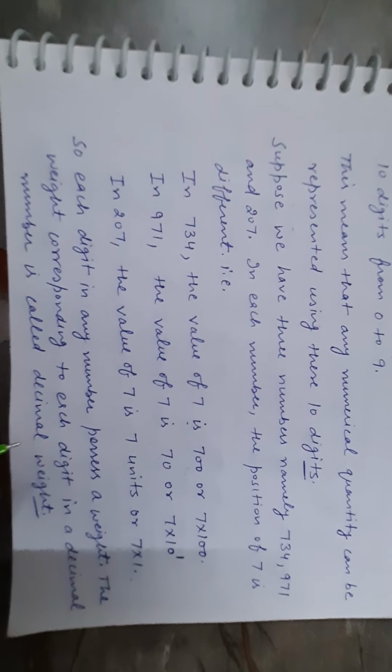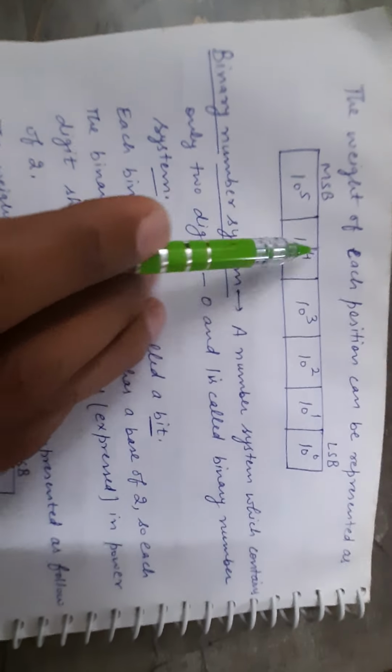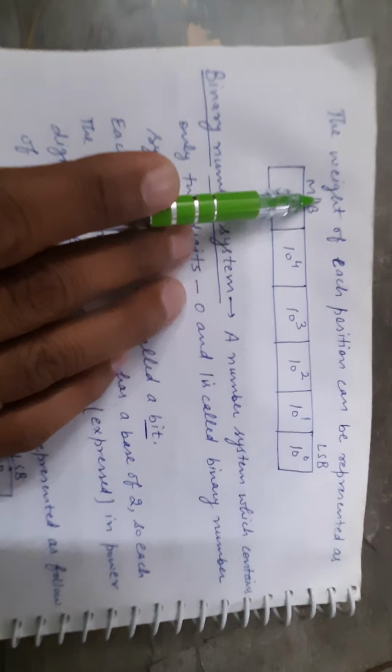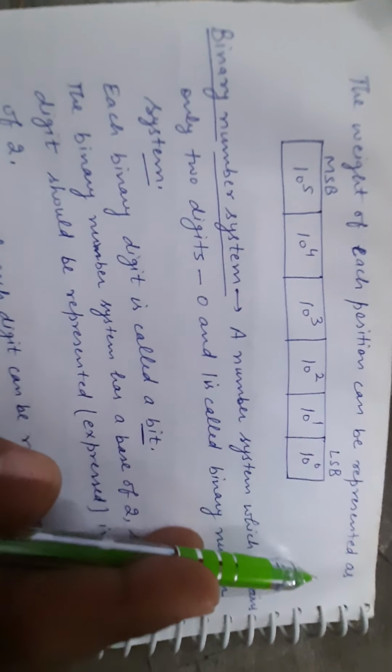In every number system, each digit will contain its own weight, be it binary weight, decimal weight, or any other weight. So depending on the number system, we will have different weights corresponding to each digit, which I will explain one by one. If we talk about the decimal number system, the weight of each position can be represented as follows.